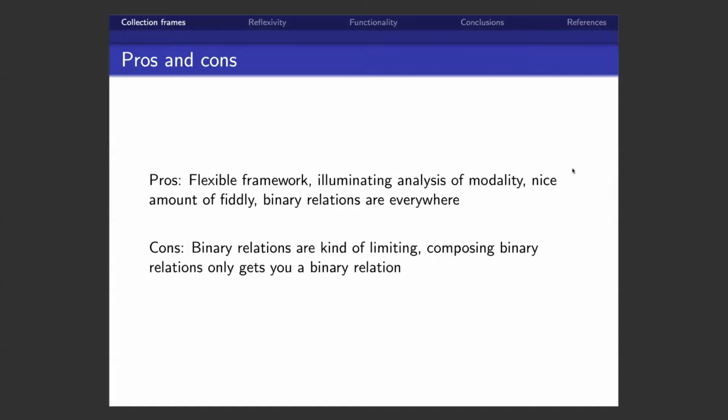And one other con that's maybe a little bit less apparent is that if you stick 2 binary relations together, the result is a binary relation, right? You don't get more options, more slots by doing that. You get 2 slots. You just keep on sticking them together and you keep on needing 2 slots, which is related to the limiting aspect of being binary.